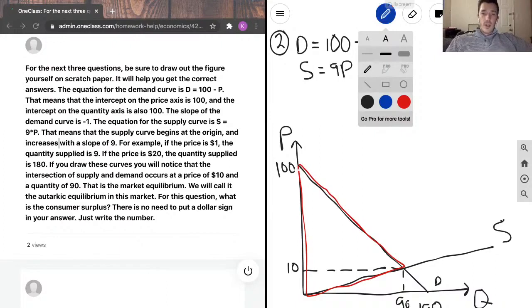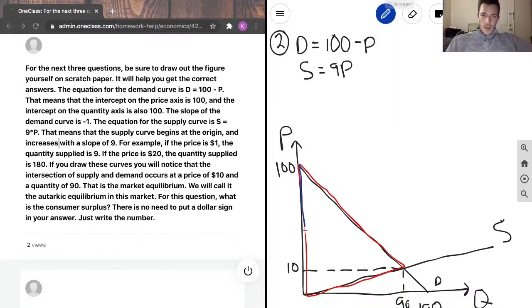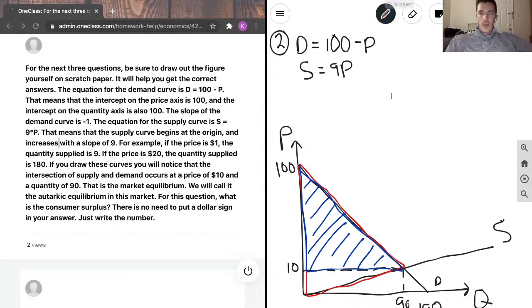And our consumer surplus is going to be everything that is above the price line, so everything in here. So we can calculate that.